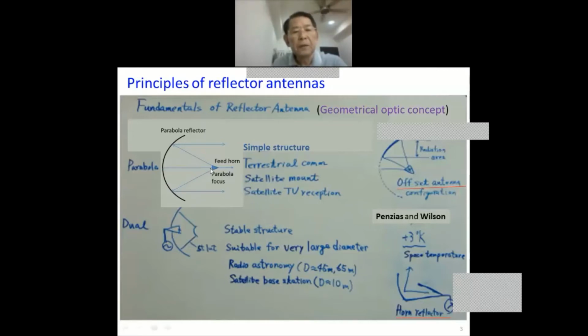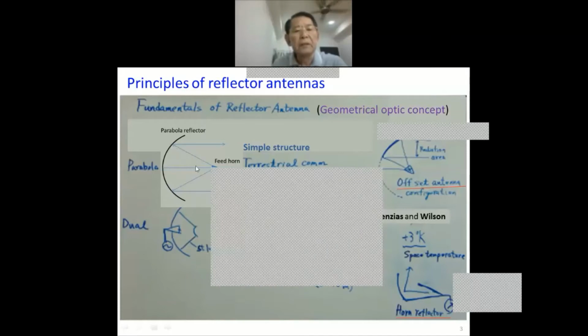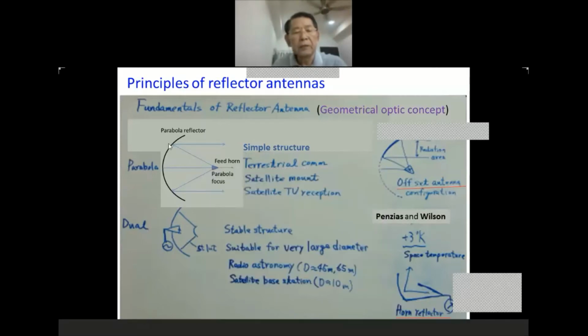So the electromagnetic wave is reflected inside. This is the parabola, and this is the parabola focus. Then all the radiated waves, after reflection, become parallel to the center axis.